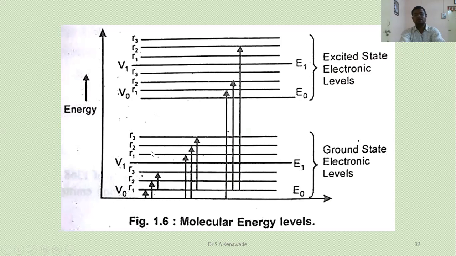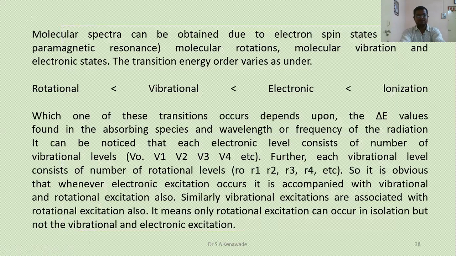That is ground state vibrational level, excited state vibrational level, and between these vibrational levels, there is rotational energy, that is R1, R2, R3 are the rotational energy levels. Then molecular spectra can be obtained due to electron spin state, that is electron paramagnetic resonance, molecular rotation, molecular vibration, and electronic states.